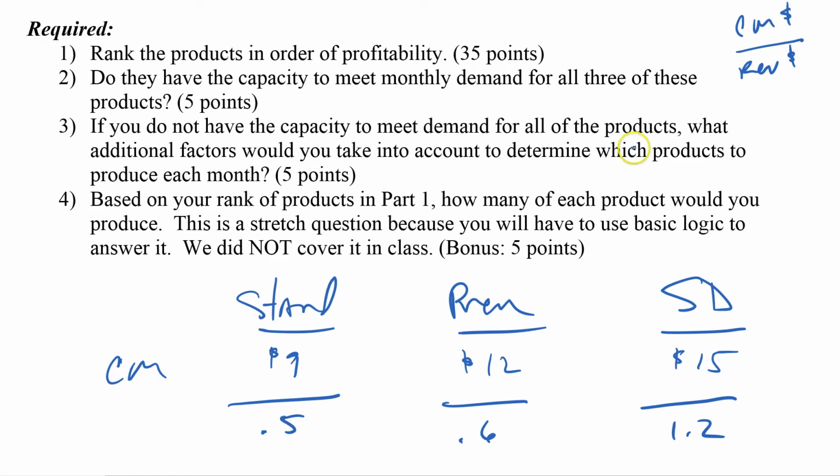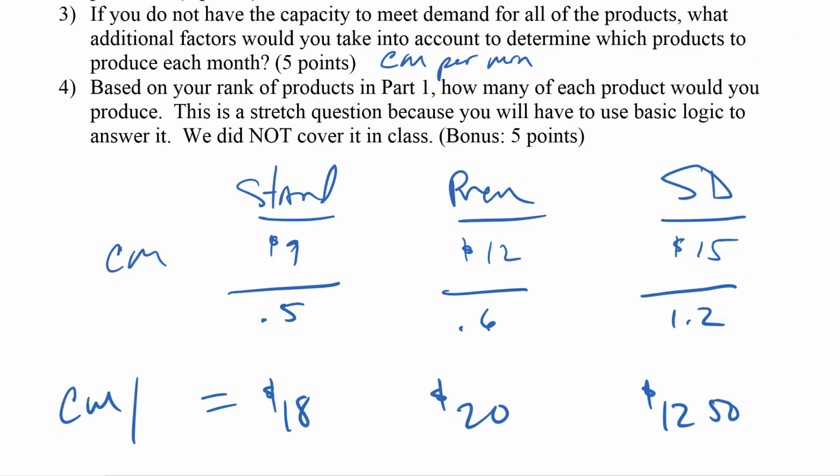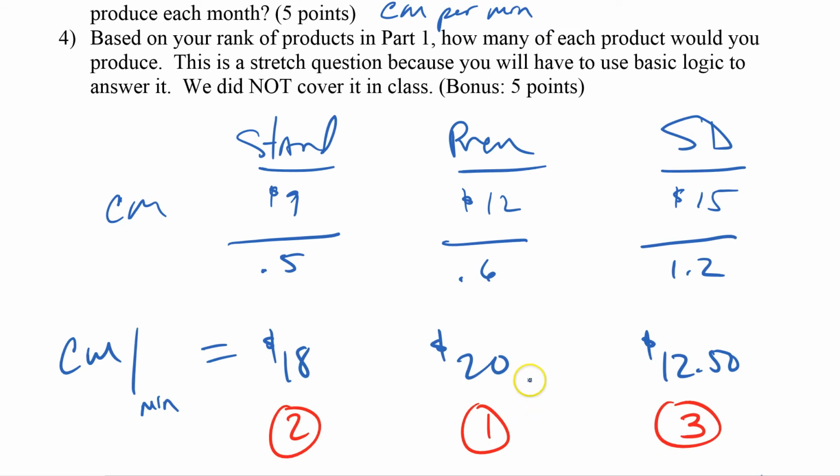If you don't have enough capacity, what additional factors would you take into consideration of which products you need to produce each month? Well, there's two things that we would want to consider here, right? We would want to consider, first of all, the contribution margin per minute. So that would put the focus on premium and standard. But there's some other factors we would have to consider.